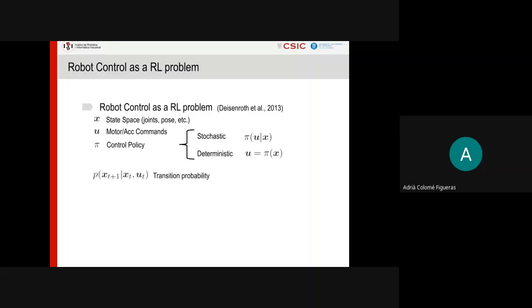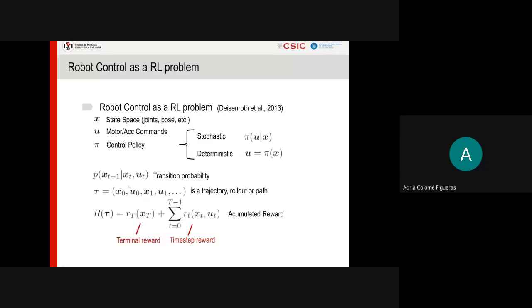We also have a transition probability, which, given a state and a certain applied action, gives the possible outcomes of applying this action at the current state. And this can depend not only on the robot dynamics, but also on external factors. Of course, we can gather a sequence of states and actions, and that is a trajectory of a robot, also called a rollout or path.